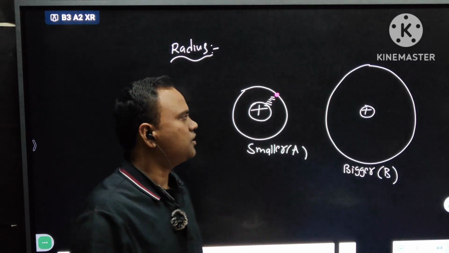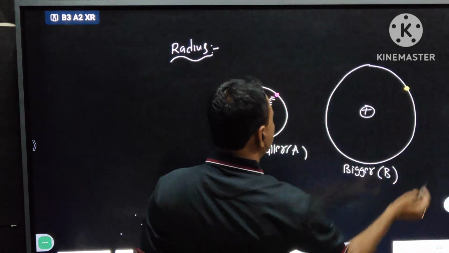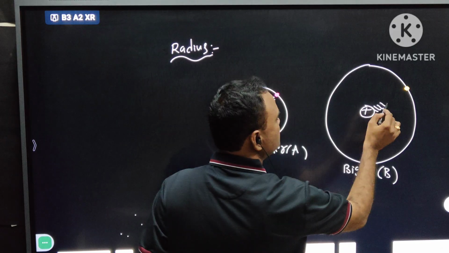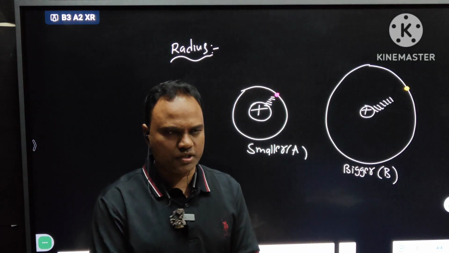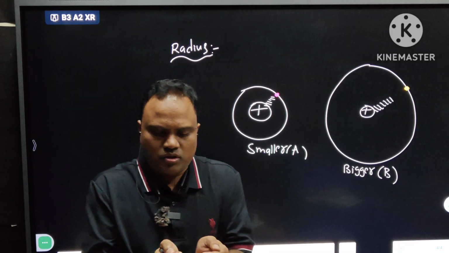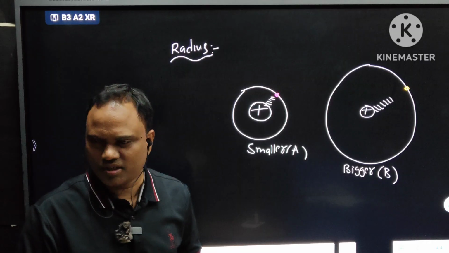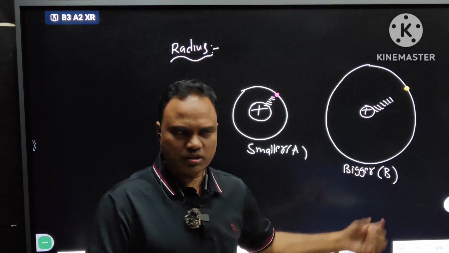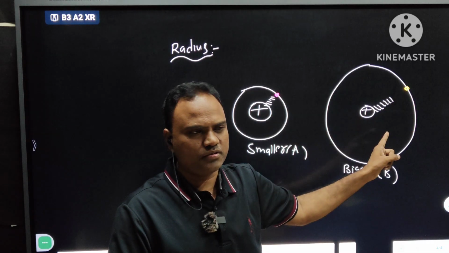But in larger atoms, the nuclear charge does not act on the outermost electron completely, because of the large distance. The nucleus's power spreads up to a certain distance only. So in the bigger atom, this electron is not affected by the nucleus.